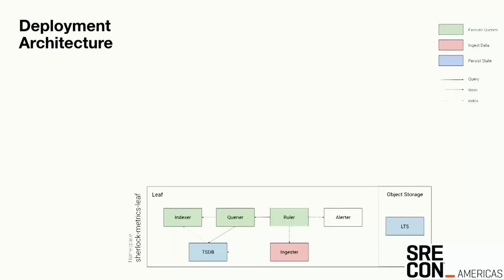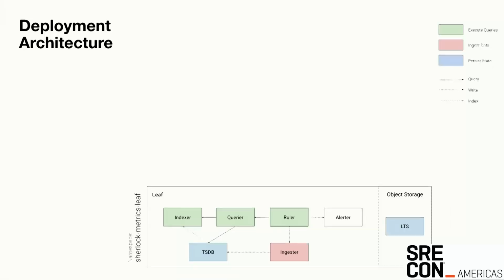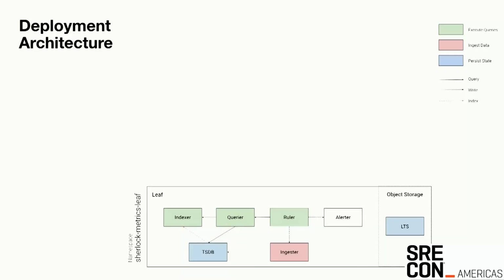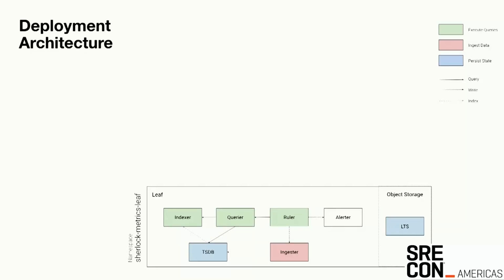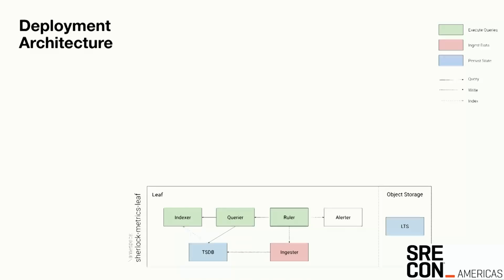Looking at the picture, not describing every possible component, but the base components that we would have in a deployment here: of course you have TSDB for storage, you have a query and an ingester interacting with it, you have a ruler that's evaluating recording rules and alerting rules, forwarding things to an alerter, and then there's the indexer piece, which we'll talk about more later, which helps with the fan out that we mentioned.